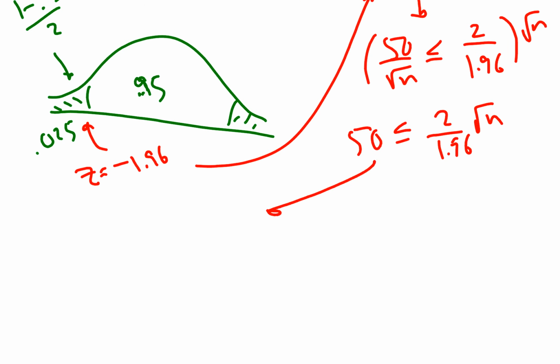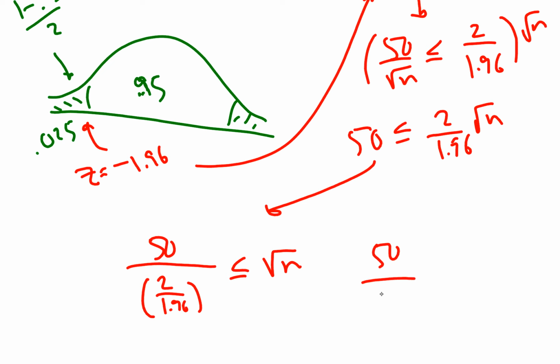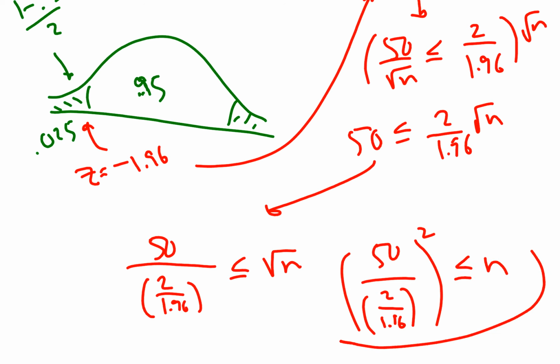So the next step I'll do, it'll be 50 divided by this whole expression, 2 over 1.96, is less than or equal to the square root of N. And then finally, we'll just square both sides. So we'll know that 50 over 2 divided by 1.96, and that whole expression squared, is less than or equal to N. And then this will give us a boundary for what N needs to be.